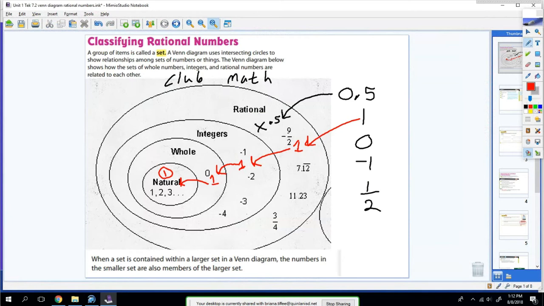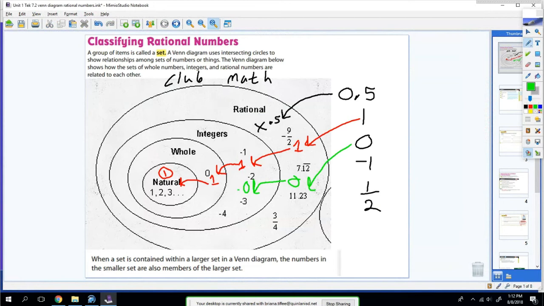The next number that comes in is 0. So 0 gets into the rational room, enjoying the time, but it wants to go see where number 1 went. So 0 goes into the integers, and the reason why 0 can be in the integer is because, again, it's not a fraction nor a decimal.